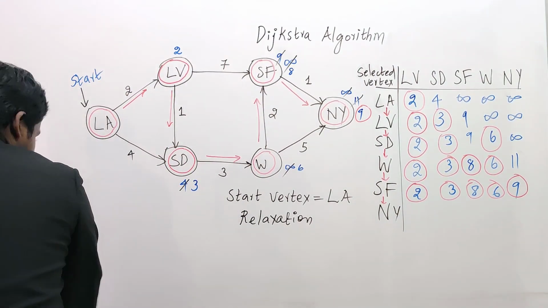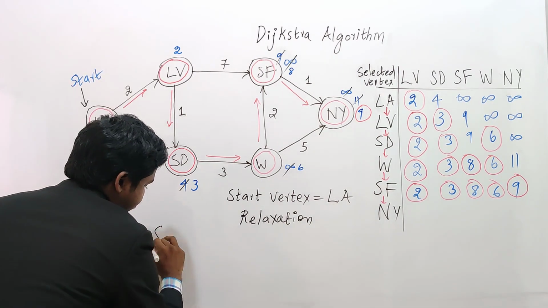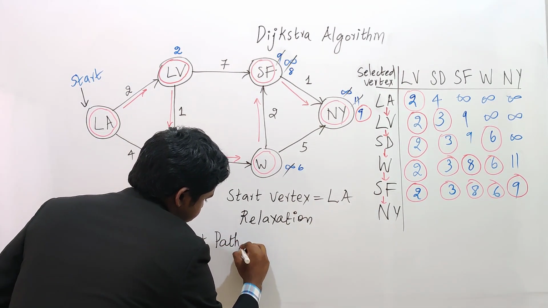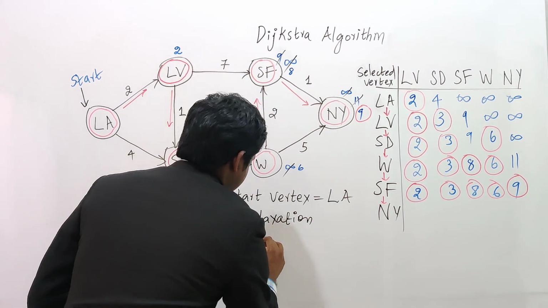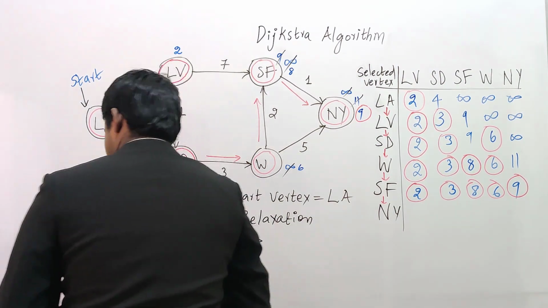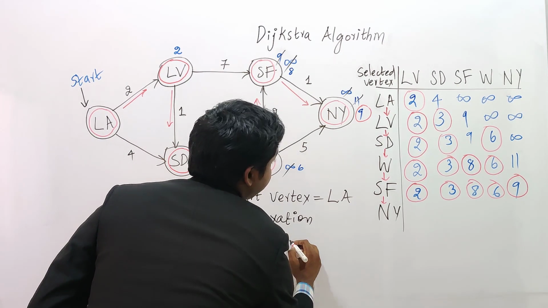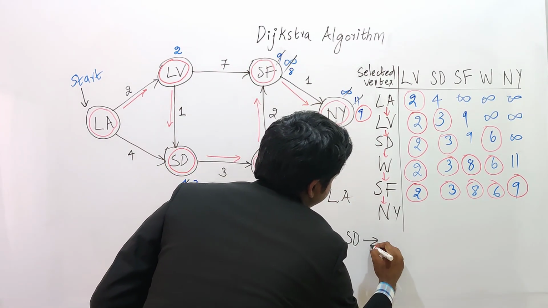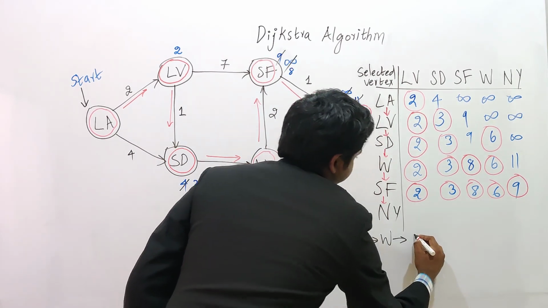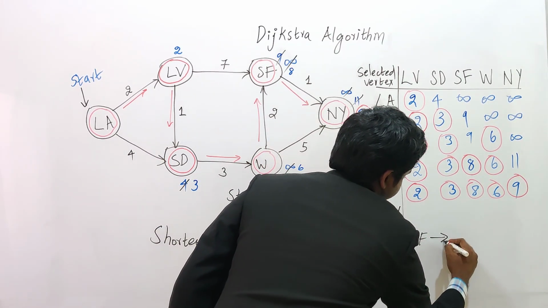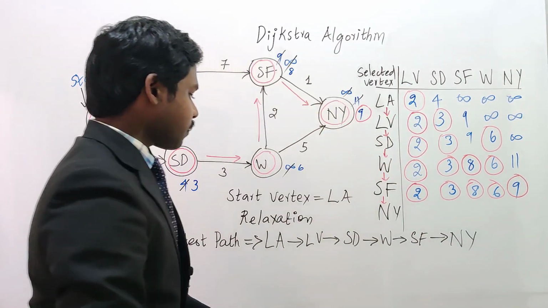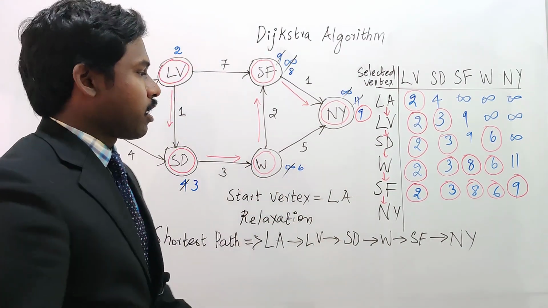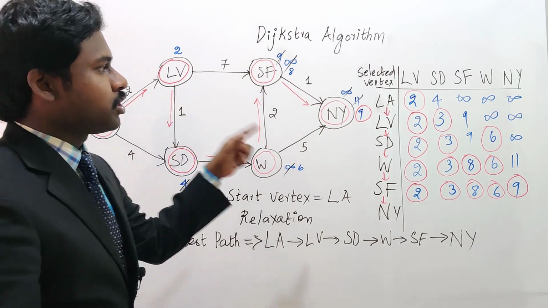So let me write it down here for clarity. The shortest path will be LA to LV to San Diego to Washington to San Francisco to New York City. So this is the route which I will take if I want to go from Los Angeles, California to New York City.